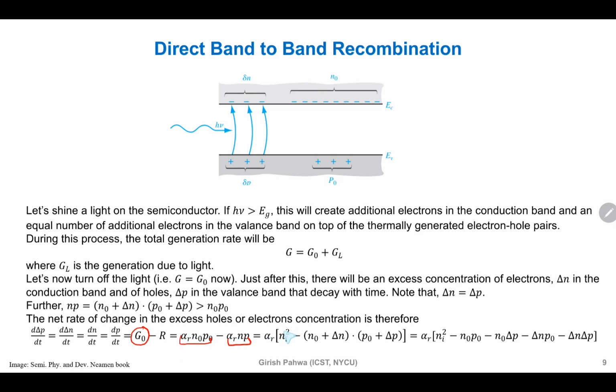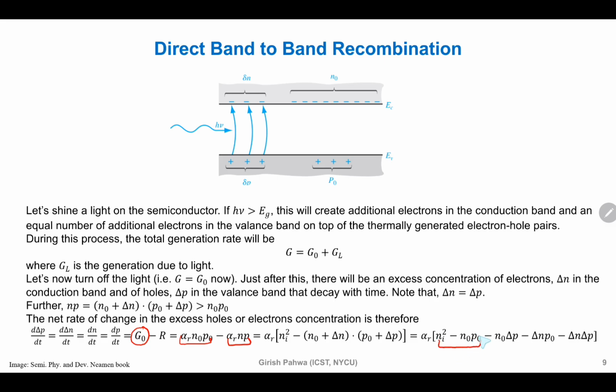Take this alpha R out. So this will become N naught into P naught, which is equal to Ni square, minus N into P. N is N naught plus delta N, P is P naught plus delta P. If you rearrange the terms, you will get alpha R times Ni square minus N naught P naught minus all of these terms.